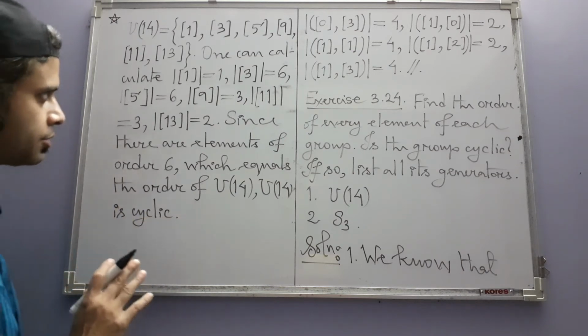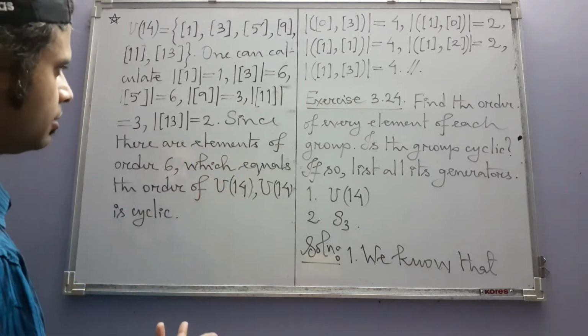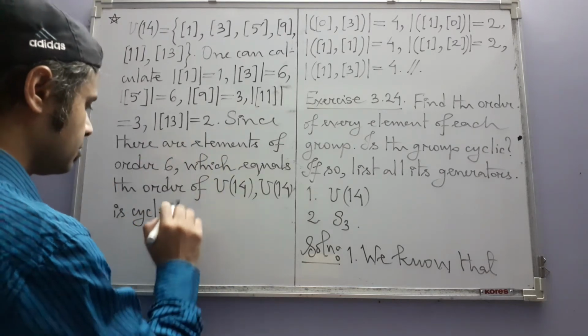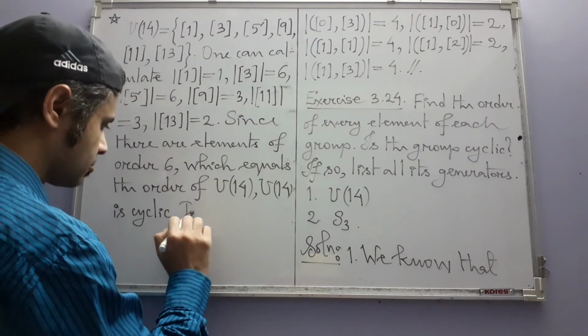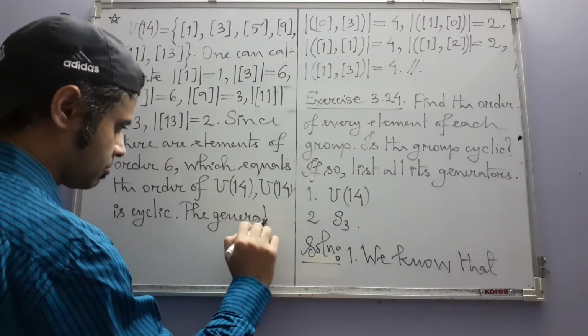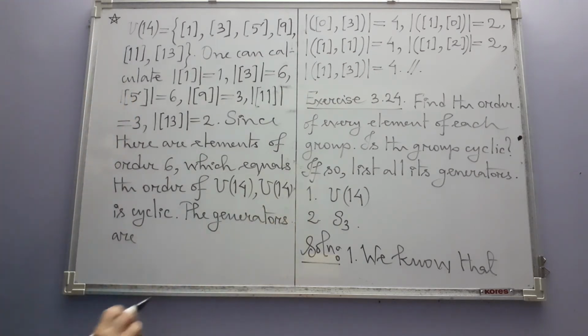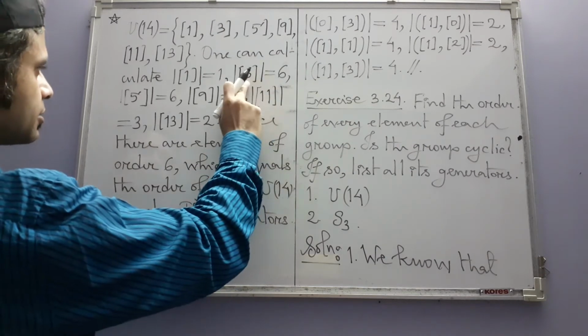And the elements whose orders are equal to 6, they are precisely the generators. The generators are the 2 elements of order 6, 3 and 5.